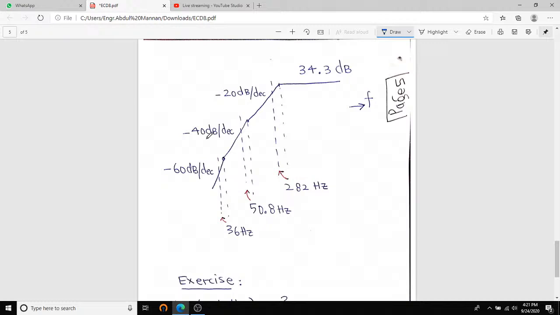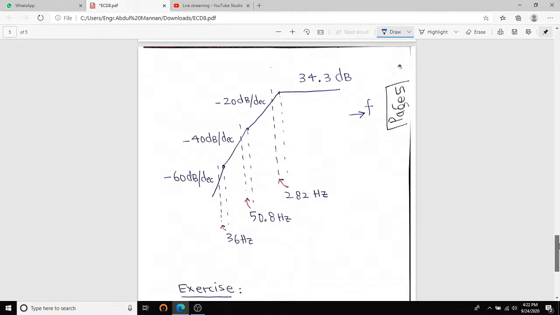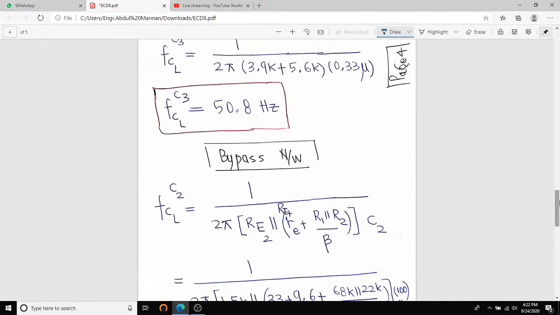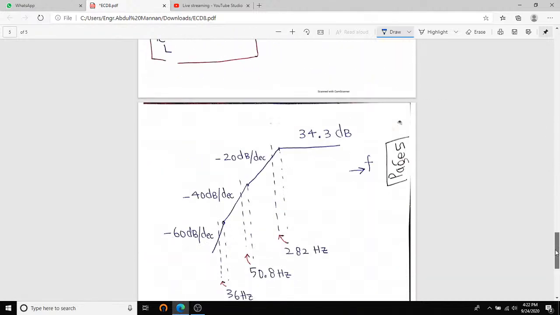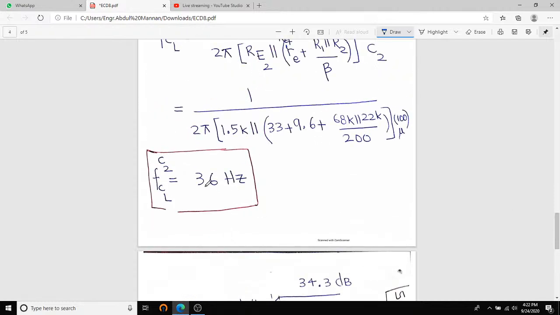The gain is now rolling at minus 40 dBs per decade because at 50.8 hertz we get the second RC circuit in action. Now we have two RC circuits and the roll off is doubled, and now the roll off is tripled at 36 hertz. 36 hertz is the third cutoff frequency caused by the bypass capacitor.